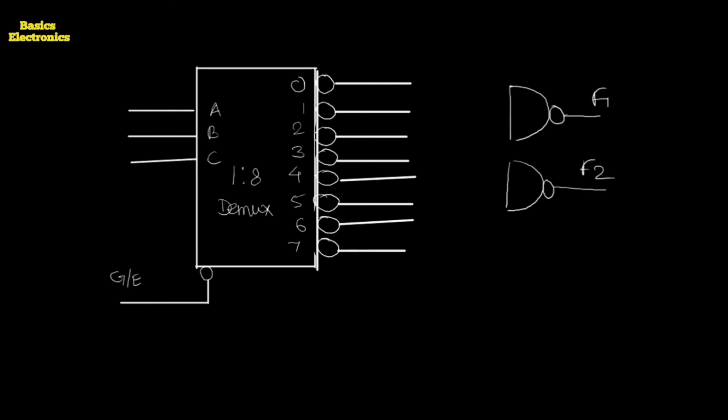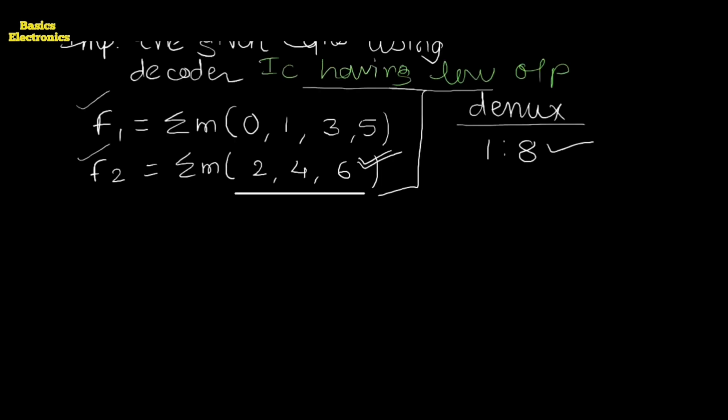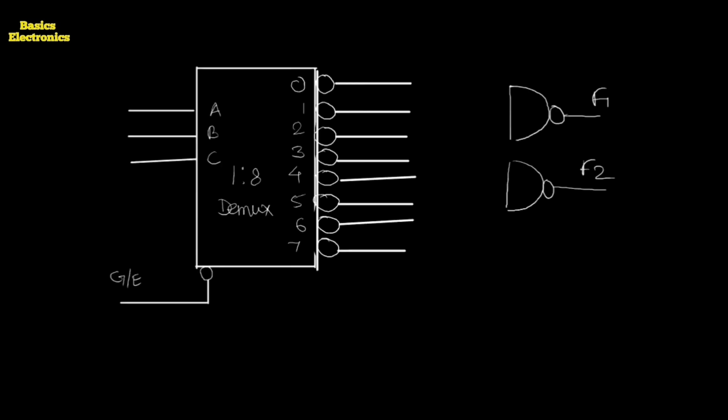Okay, so we connect it again as given in the equation 0, 1, 3, 5. So here the first gate has the input 0, 1 number, then 3 number, and one more is there, that is the fifth number.